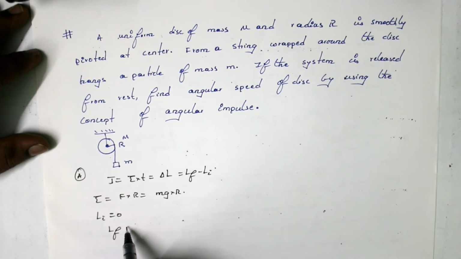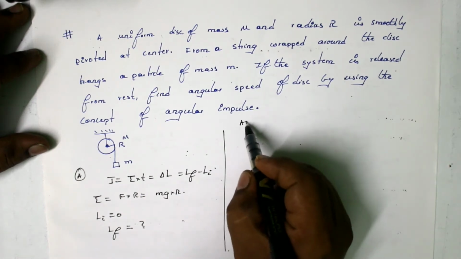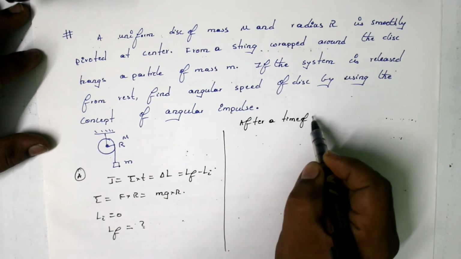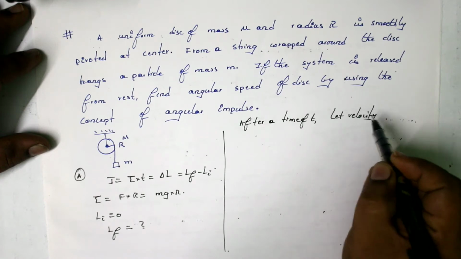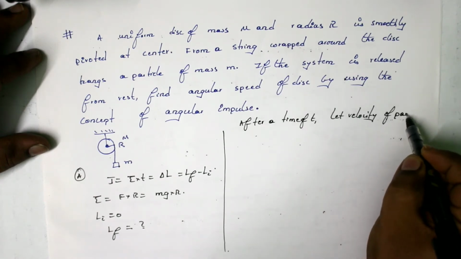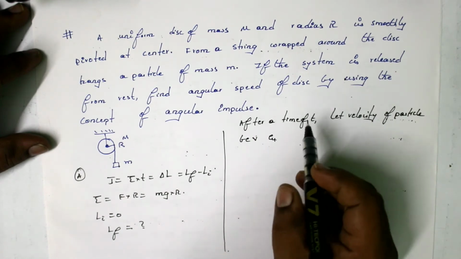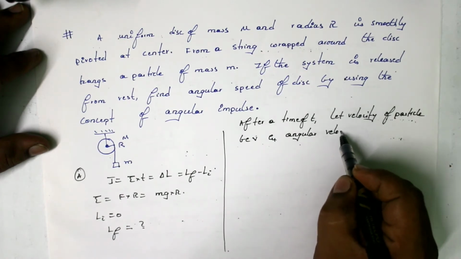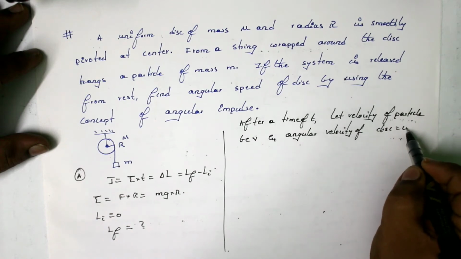Then let us try to calculate final angular momentum after a time of t. So after a time of t, let velocity of particle be v and angular velocity of disk let it be omega.